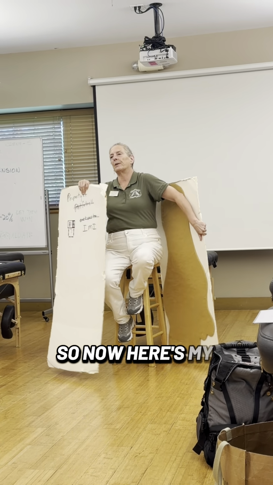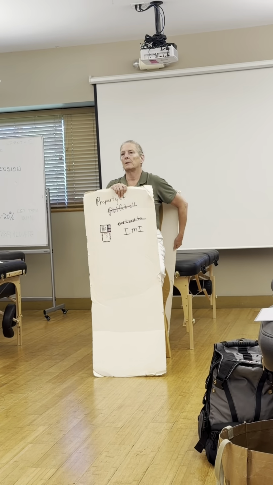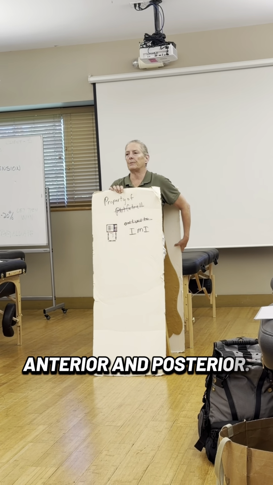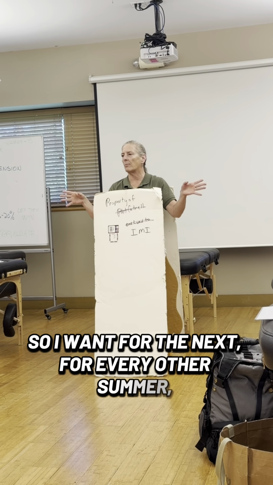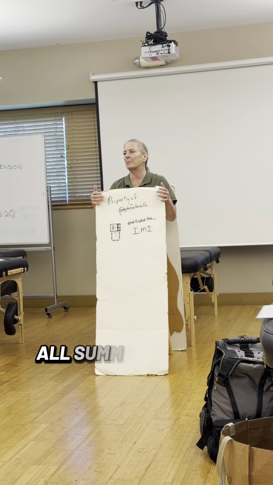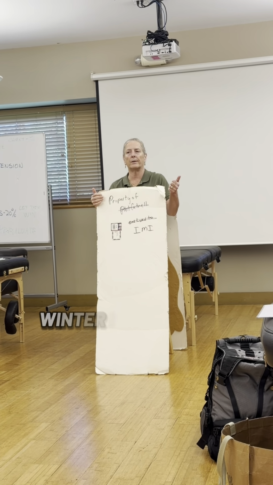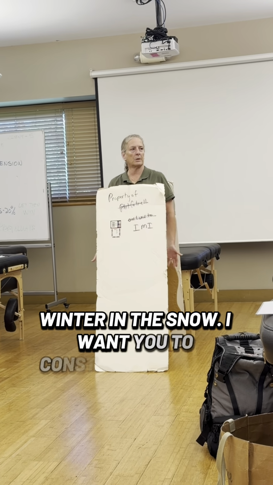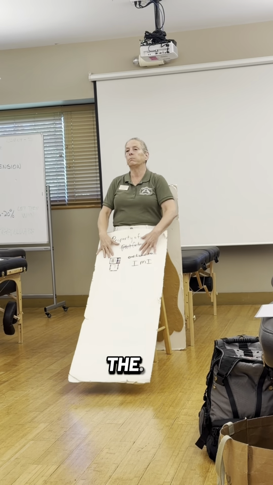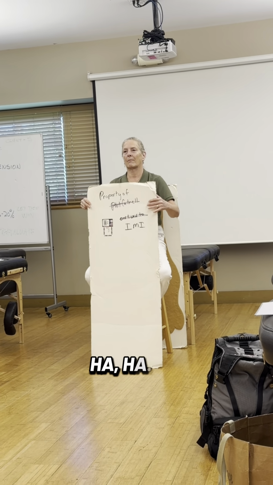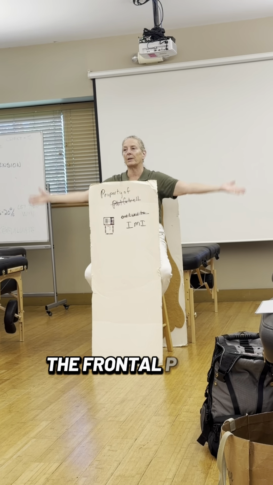So now here's my frontal planes, anterior and posterior. For every summer at the beach, winter in the snow, I want you to constantly look at those snow angels and go, oh, the frontal plane.